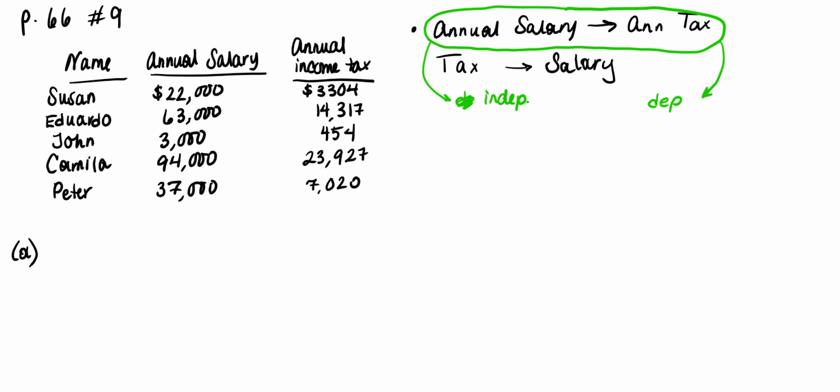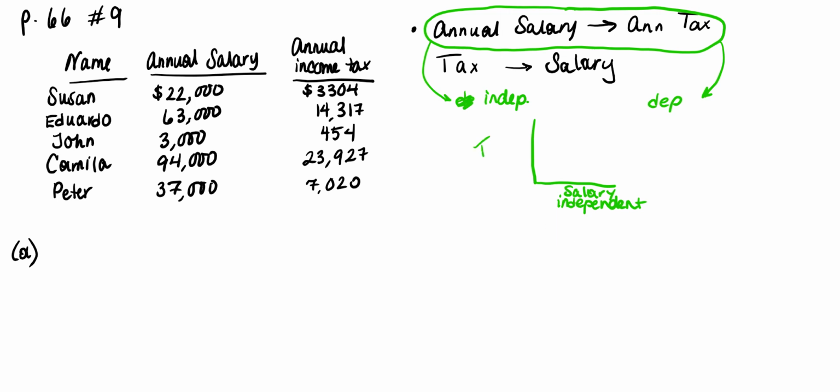Even though we are not fully graphing this, we can consider what our axes would look like. On the x-axis, we would have the independent variable, salary. What am I saying? It's not an index, it's independent. So that's the independent, and this would be your salary. And then on your y-axis, you would have the dependent variable, which is the annual income tax.